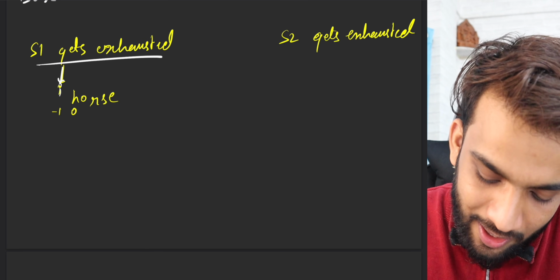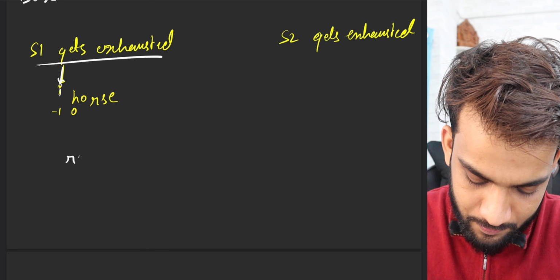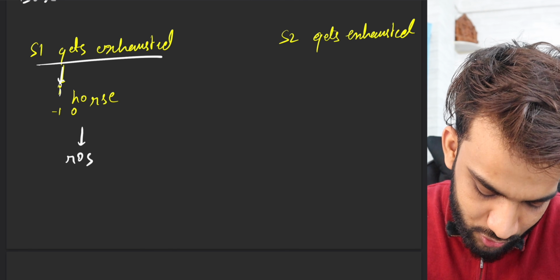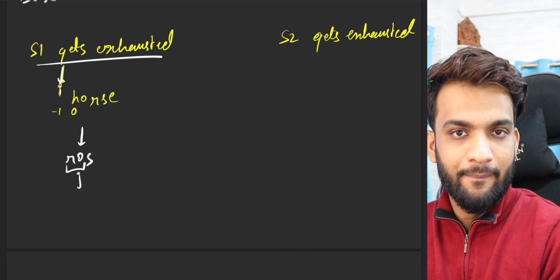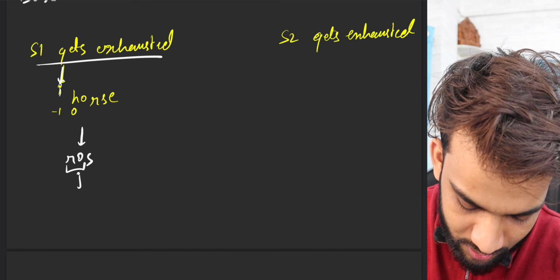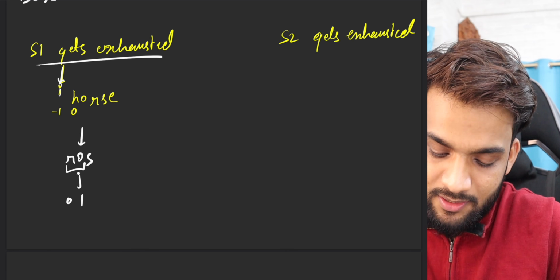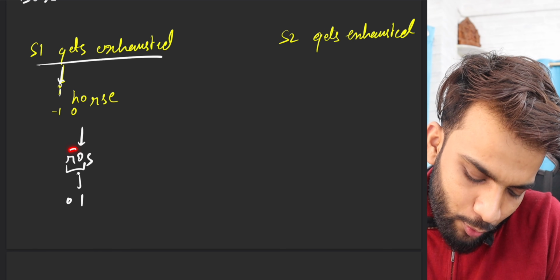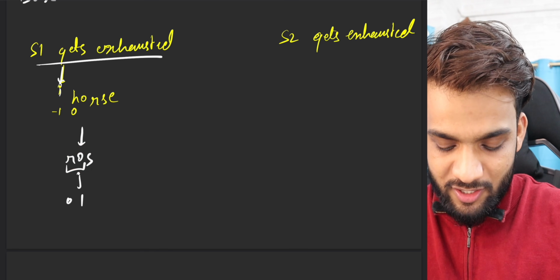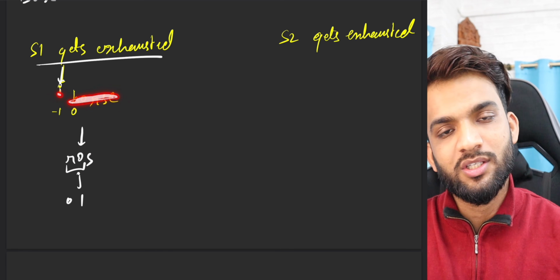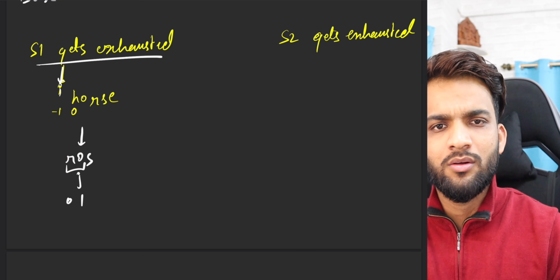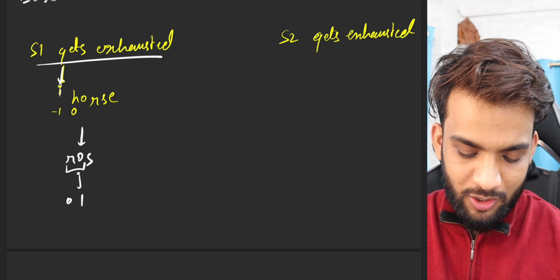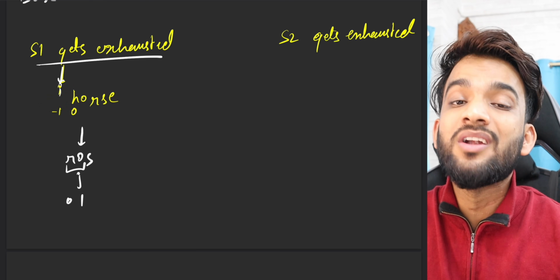And you still have ROS, and assume J is at the 0 and 1 index. So if you're looking to make RO and string 1 is exhausted, how many operations will you require to make RO? Obviously 2 operations.